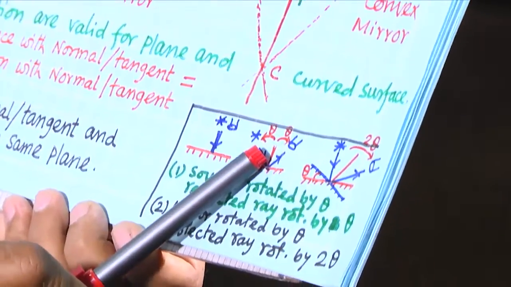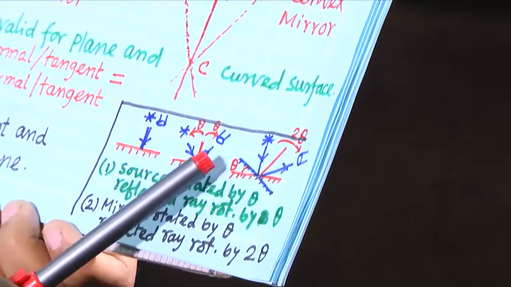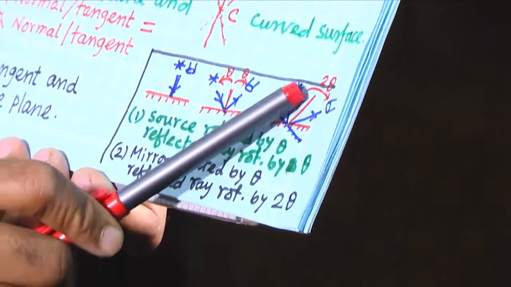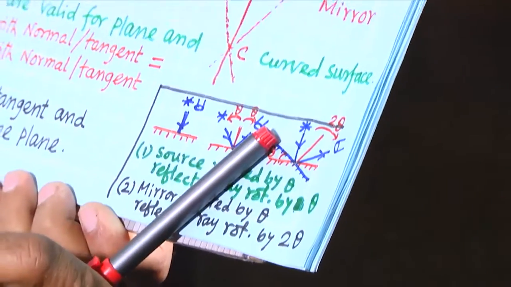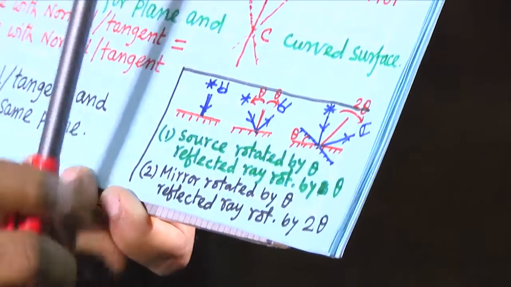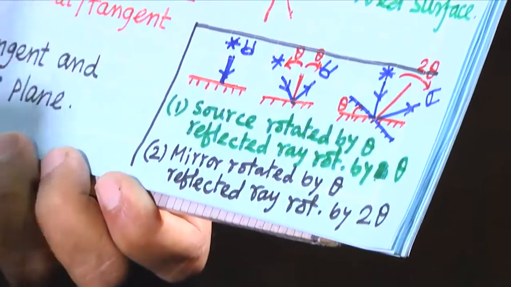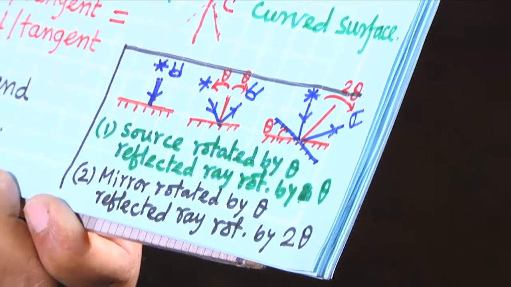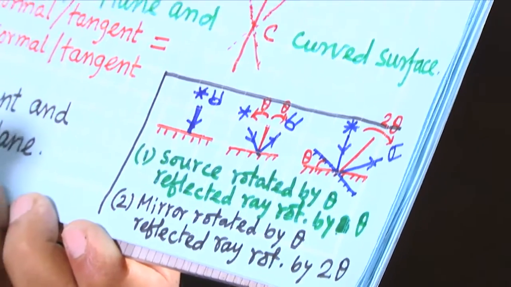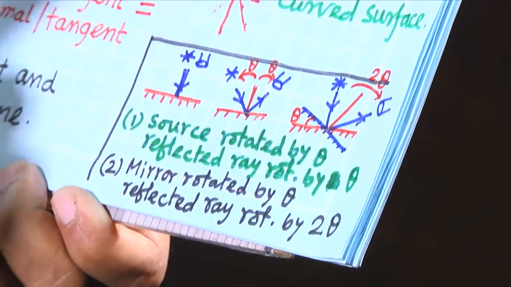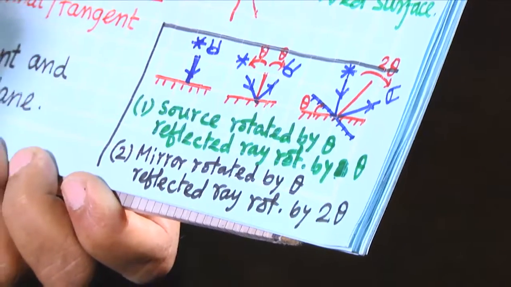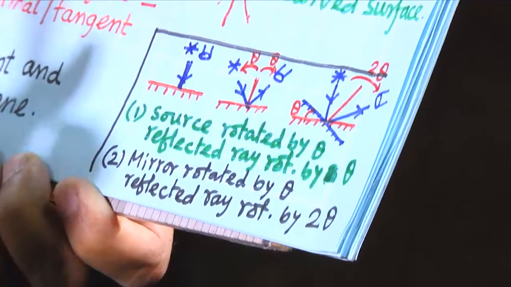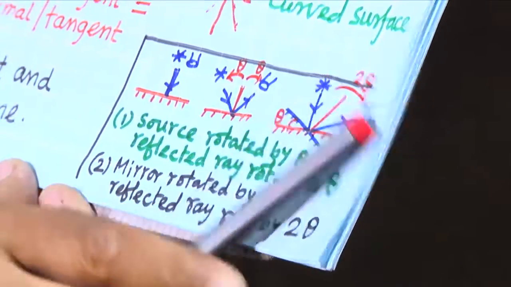But when you rotate the mirror, the incident angle will be theta, but the detector has to rotate by 2 theta. So, if the mirror is rotated by theta, I am changing the incident angle by theta, and to catch the reflected rays, we have to rotate the detector by 2 theta.